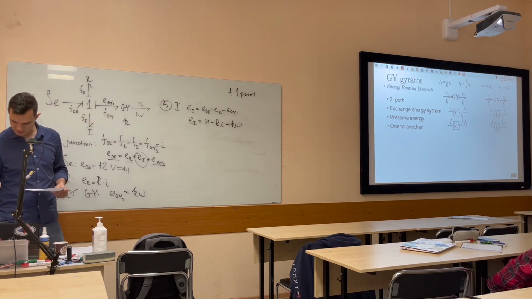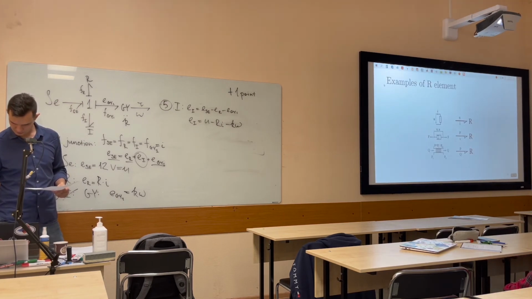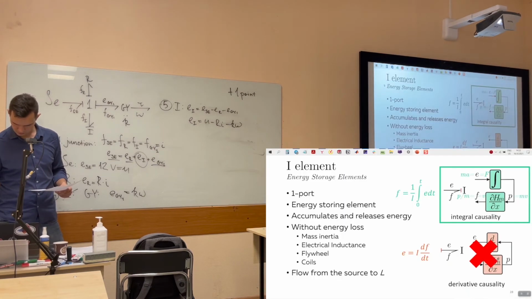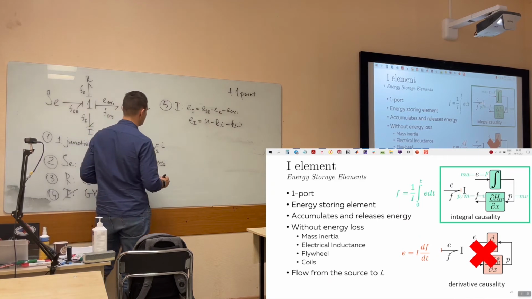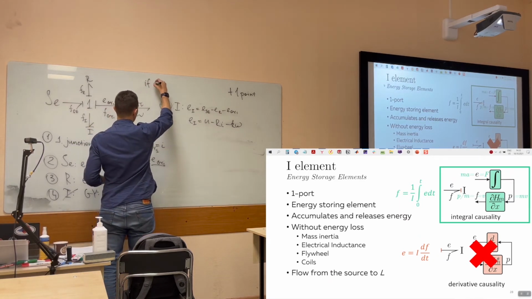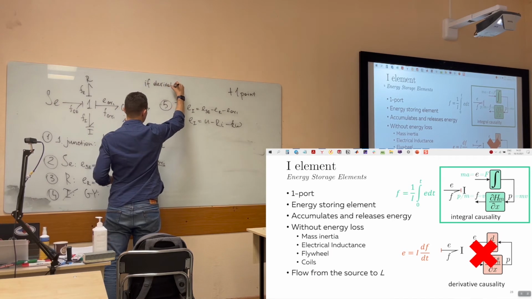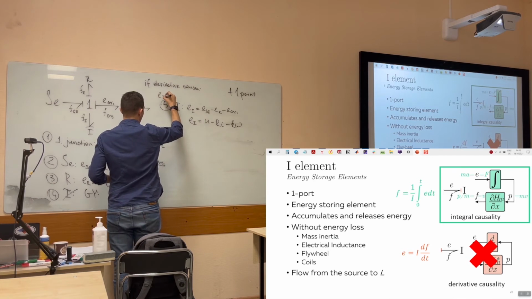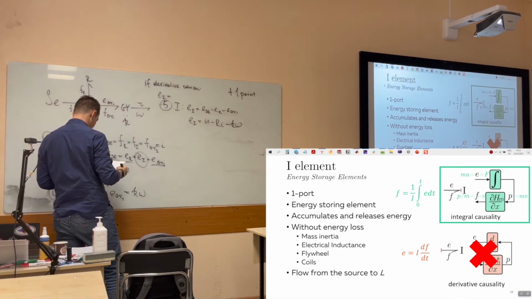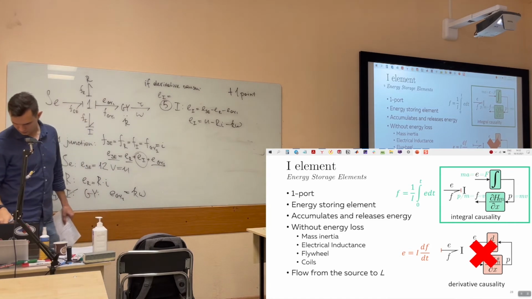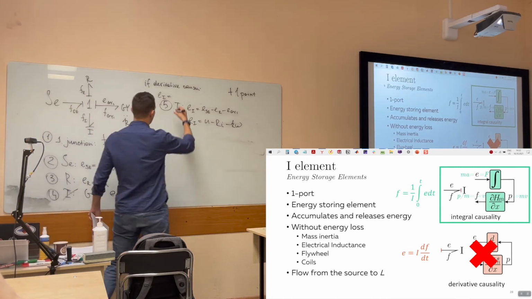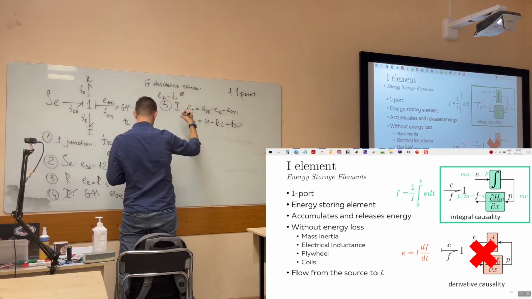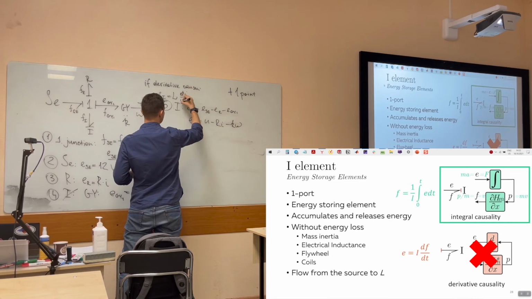If we did derivative causality, Ei would equal the coefficient of our inductance times the derivative of current.